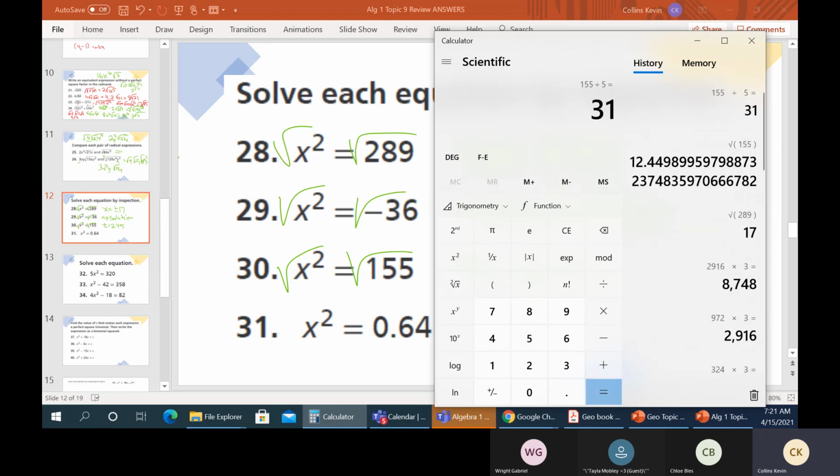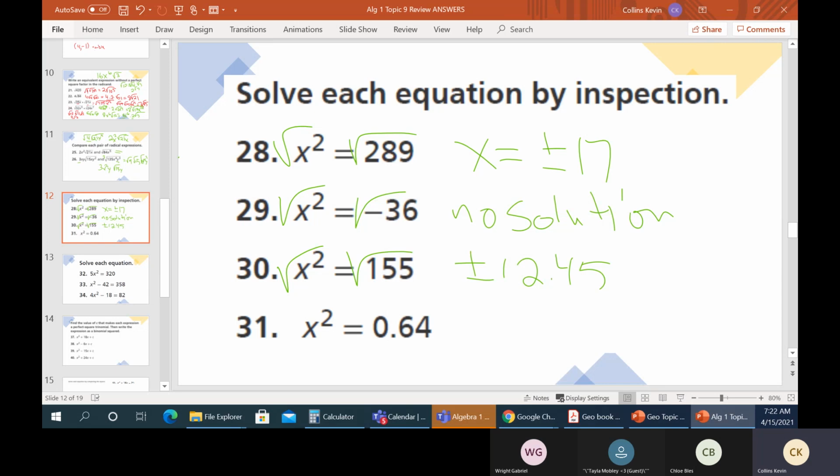Now, 31 is a prime number, and so is 5. So you couldn't do any more to it. They may take an approximation, or they may just want plus or minus the square root of 155. But this is a little more meaningful to most of us. Most of us look at the square root of 155 and go, I don't know what that is. So about 12.45.